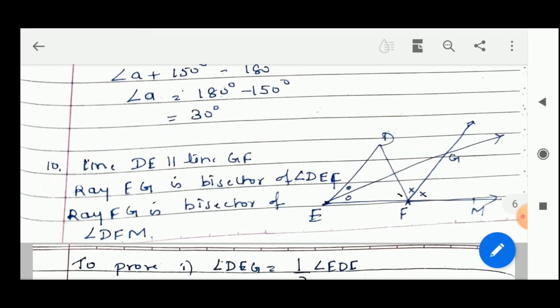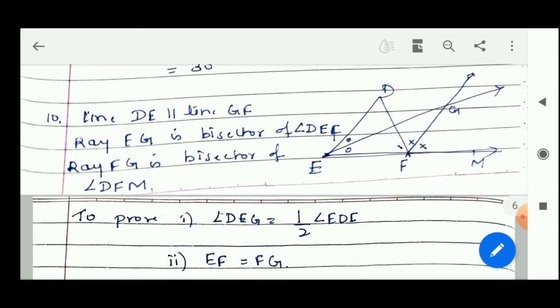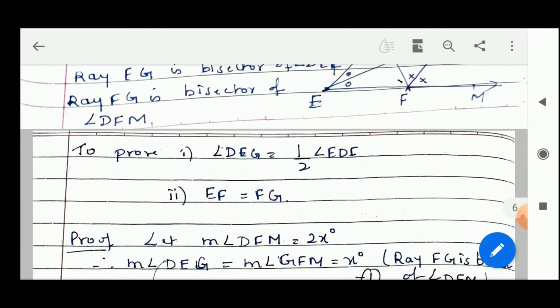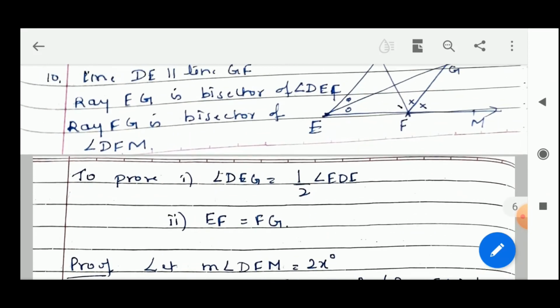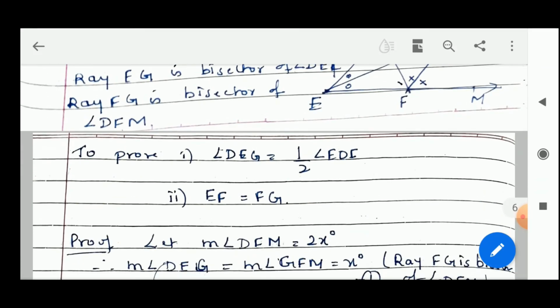Now the 10th one, DE is parallel to GF and ray EG is the bisector of angle DEF. To prove that angle DEG is equal to half the angle EDF and EF is equal to EG. Let measure of angle DFM be equal to 2x.